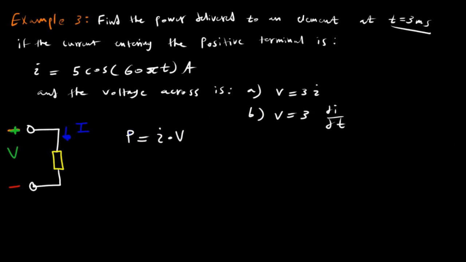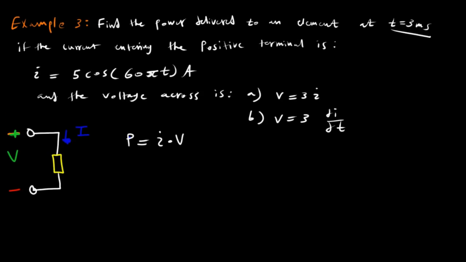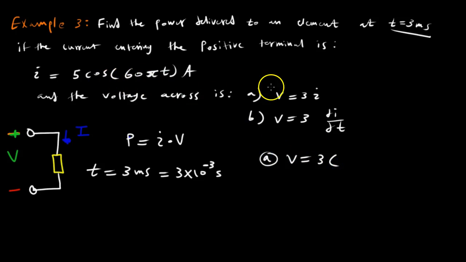So let's think about what the voltage is. t is equal to 3 milliseconds, which is 3 times 10 to the negative 3 seconds. And for part A, voltage will be 3 times whatever the current is. So the units must be 3 volts per amp.